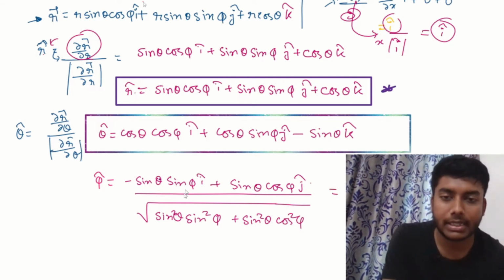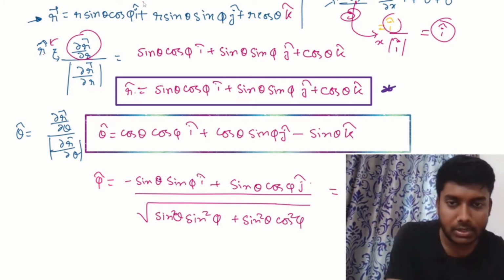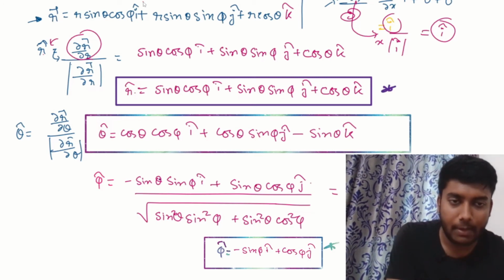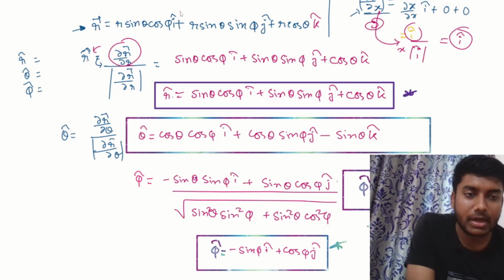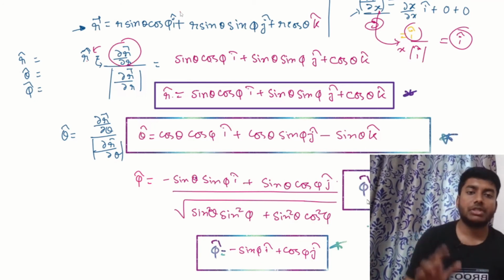So after getting this result, this will give us just minus sin phi I cap plus cos phi j cap. So you have to always remember these three results. These three results are very much important.